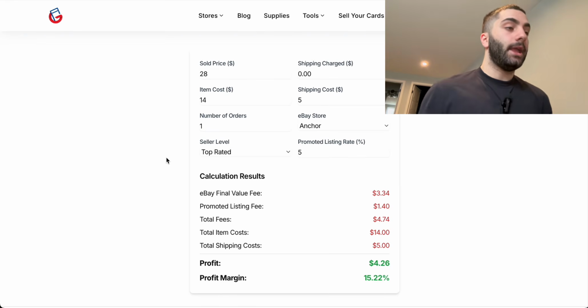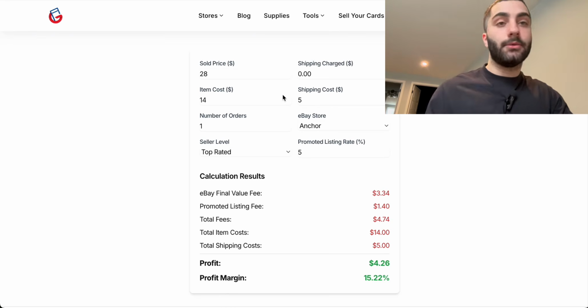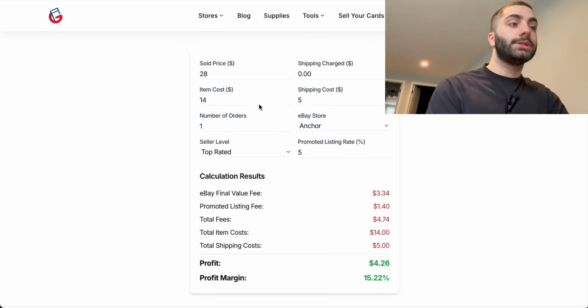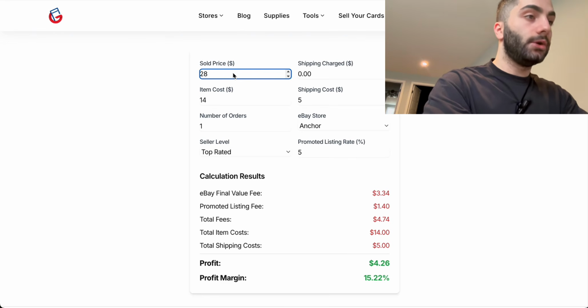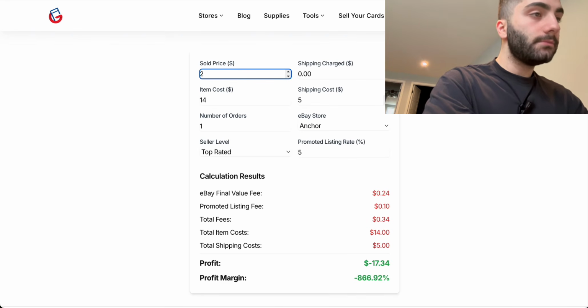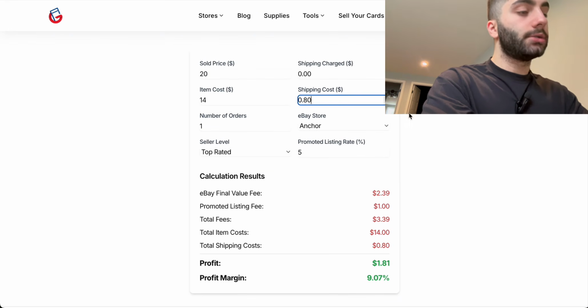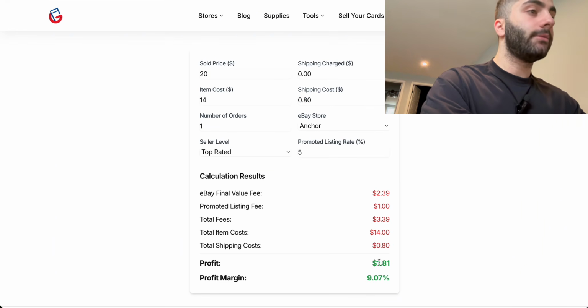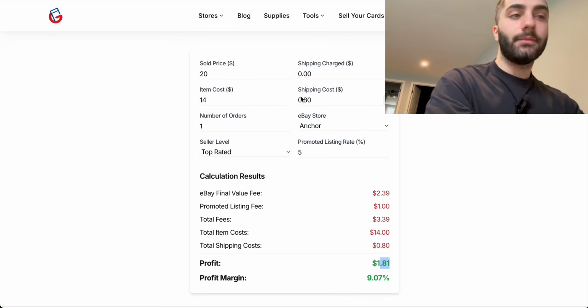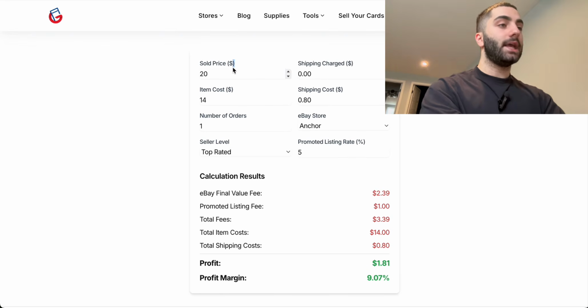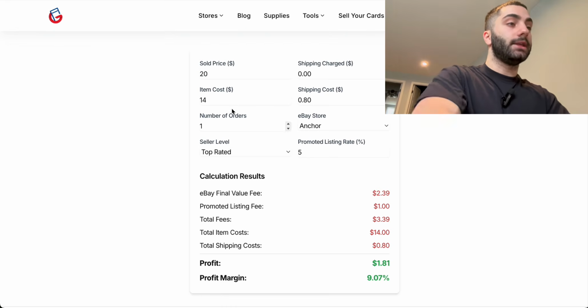And another thing is what I was talking about with selling it for below $20, is because look at this. So let's say you put it at 20 and then you charge that same number from before. You're making a pretty similar profit margin, and you will obviously sell it a lot faster if you're doing it like this.